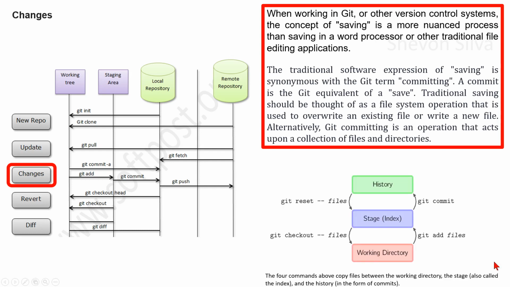Here you can see the four commands above copy files between working directory, stage, also called index, and history in the form of commits.